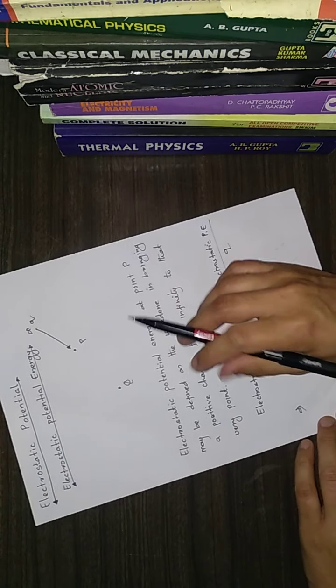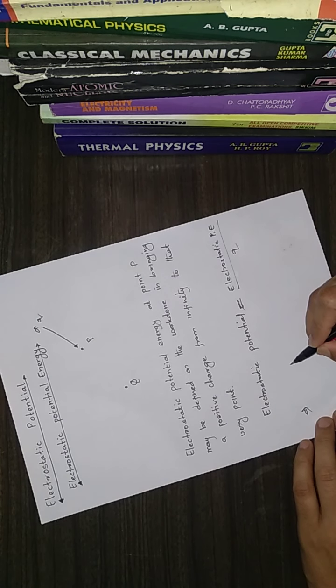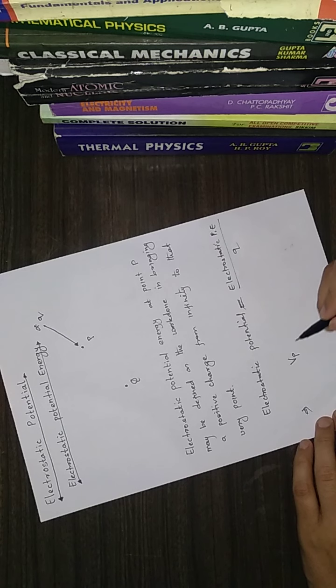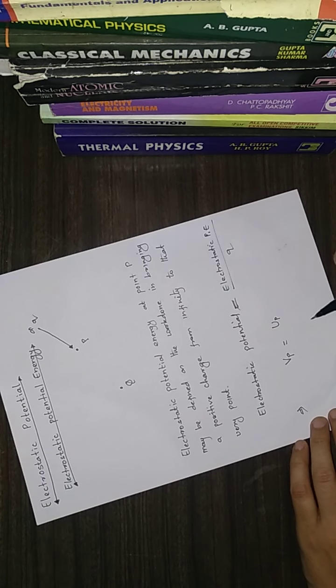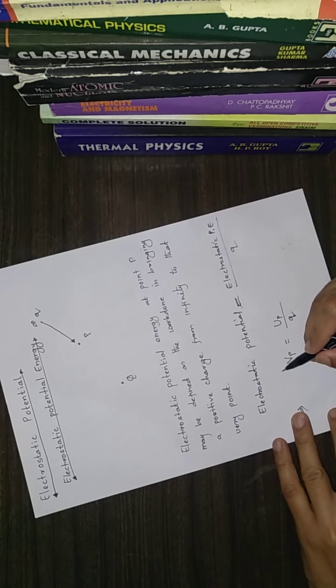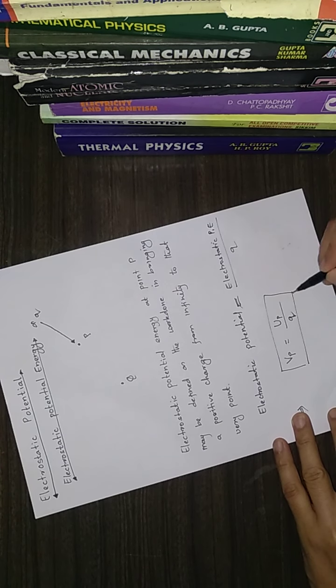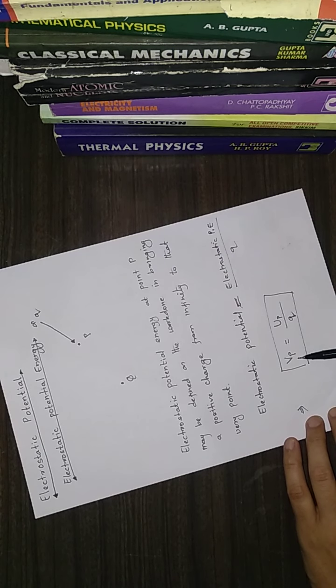The electrostatic potential at point P will be Vp. If the electrostatic potential energy at P is Up, then Vp is nothing but Up divided by Q. So this is the relationship between electrostatic potential and electrostatic potential energy.